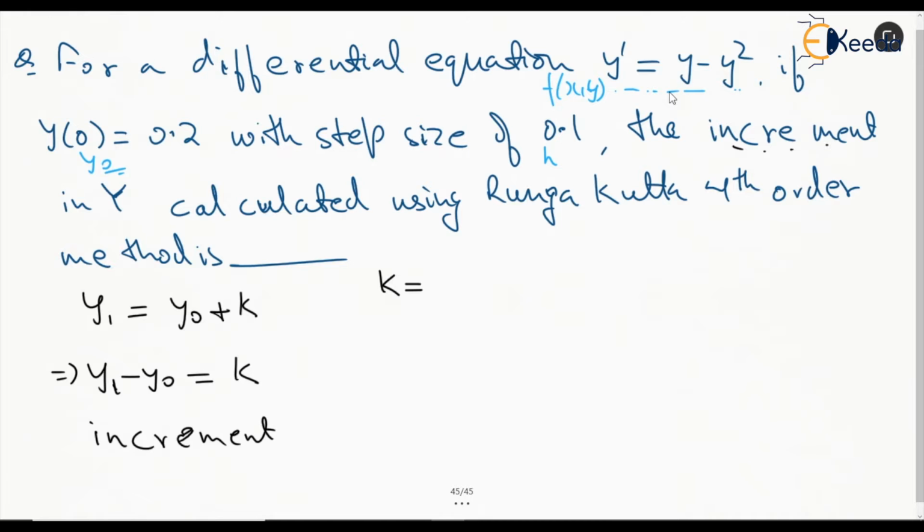K is given by 1 by 6 times of k1 plus 2k2 plus 2k3 plus k4. We have seen what are these auxiliary terms and the formula for these expressions. So let's calculate it.